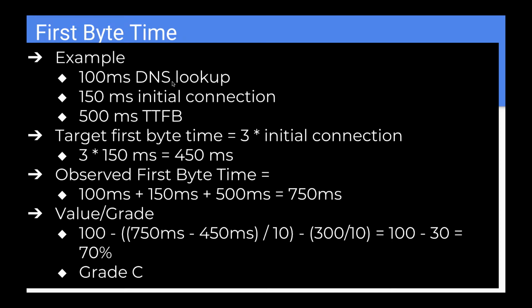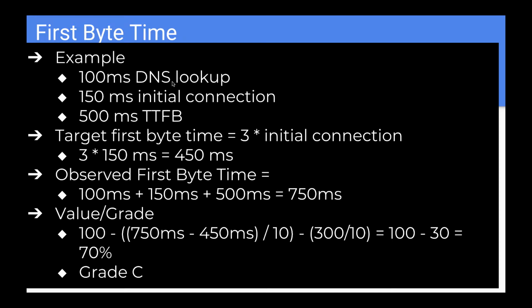The observed first byte time is the sum of all the phases. So in this case, it would be 100 milliseconds for the DNS lookup, plus 150 milliseconds for the initial connection, and 500 milliseconds for the time to first byte, which in total is 750 milliseconds.